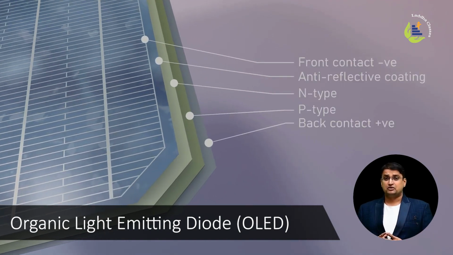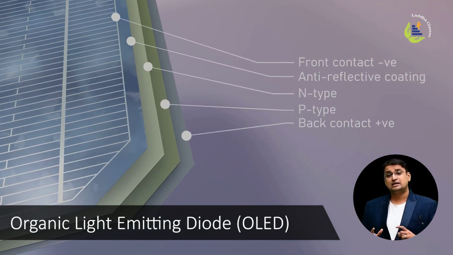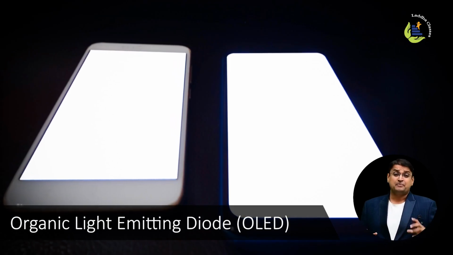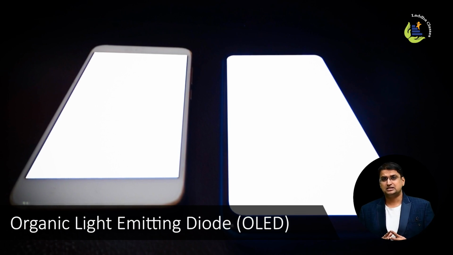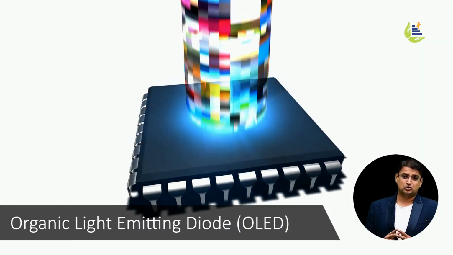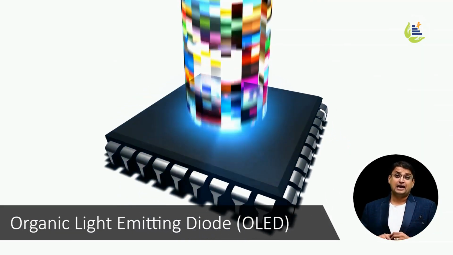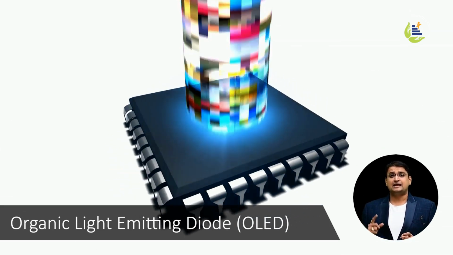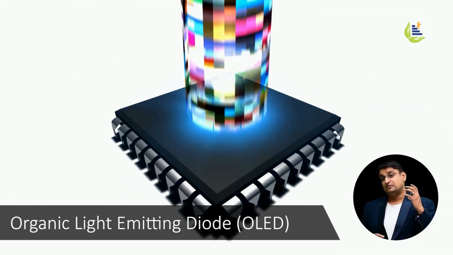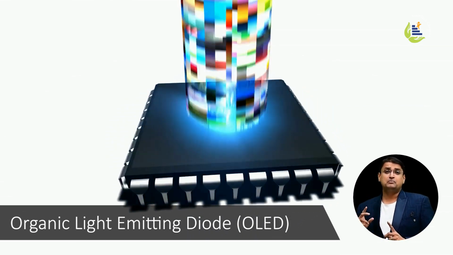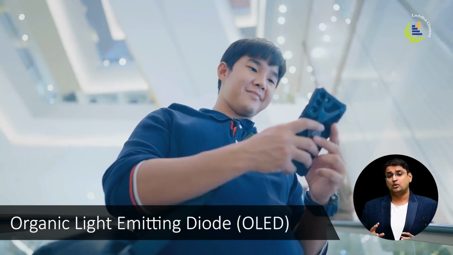This is different from traditional LCD displays, which require a backlight. In an OLED display, each pixel generates its own light, allowing for deep blacks since pixels can be completely turned off, and more vibrant colors.